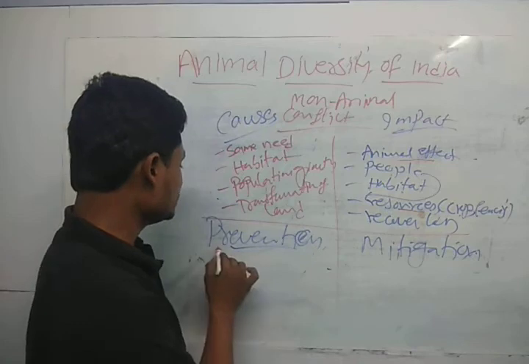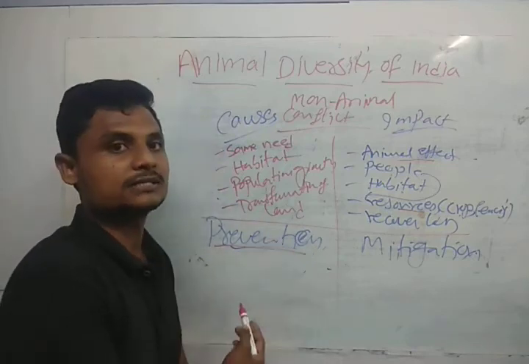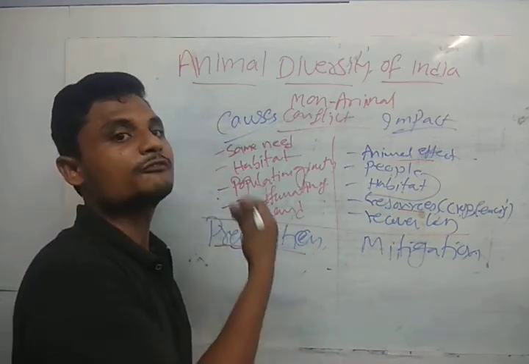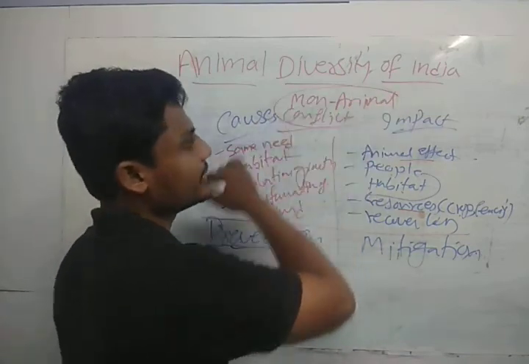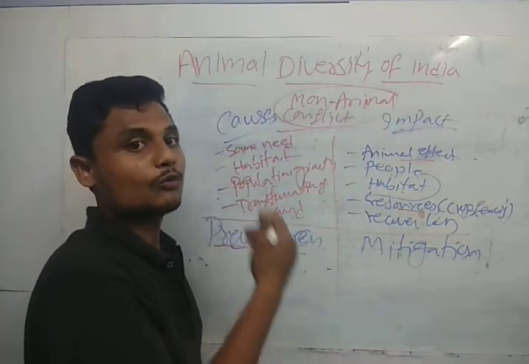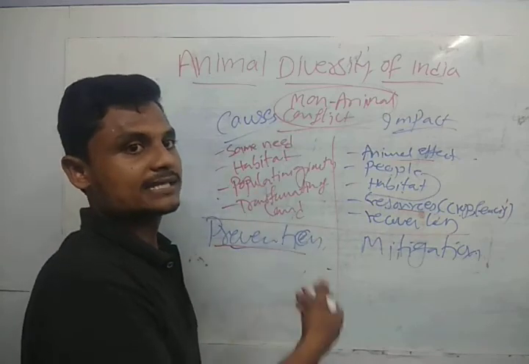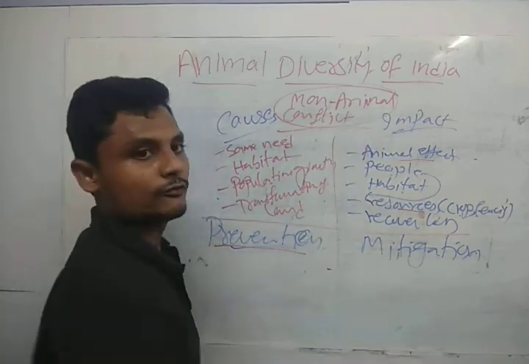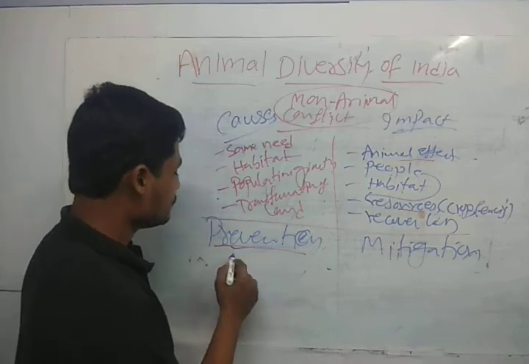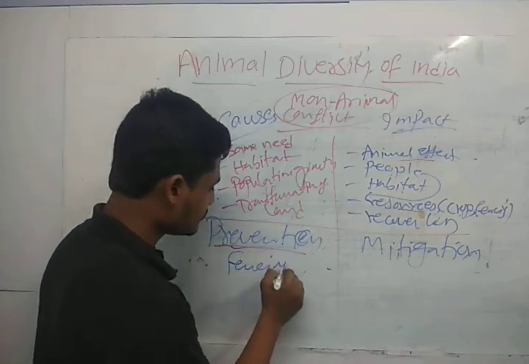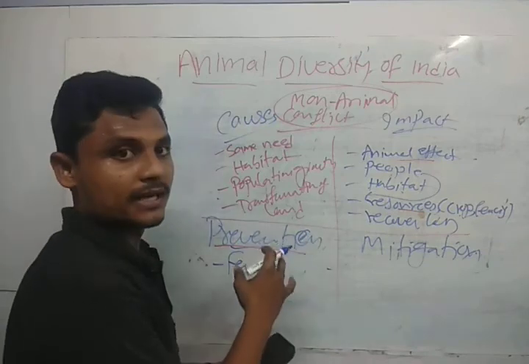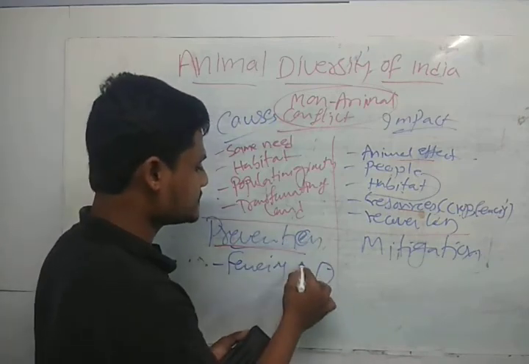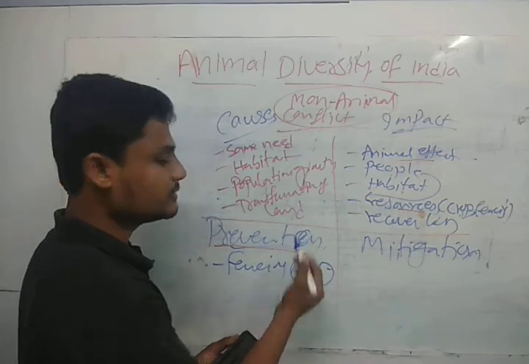What do we mean by prevention, guys? Prevention is nothing but the things we should do before the man-animal conflict to avoid it. What are the measures that can be taken so that we can avoid the man-animal conflict? We go for fencing, guys: fencing of property, like the fencing of the crops and the fencing of the natural habitat of the animals.